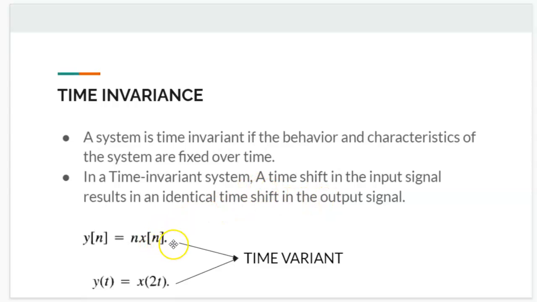And if you look at these two systems, I've given counter examples of them, and this leads to a time variant system, because here you have n times x of n. You give x of n minus n naught, then it would not result in an identical time shift in the output signal, because that would correspond to n minus n naught times x of n minus n naught. That is not the same. So that is not a time invariant system, and similarly you can reason the same way for this one.